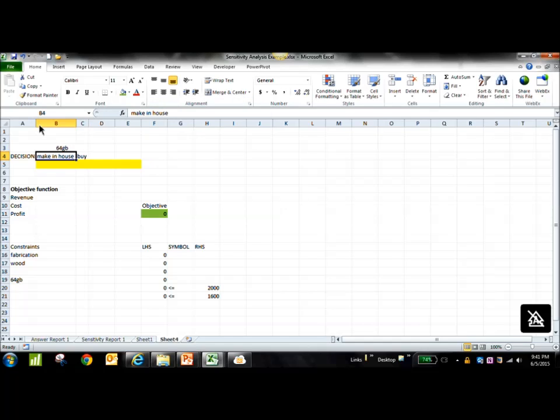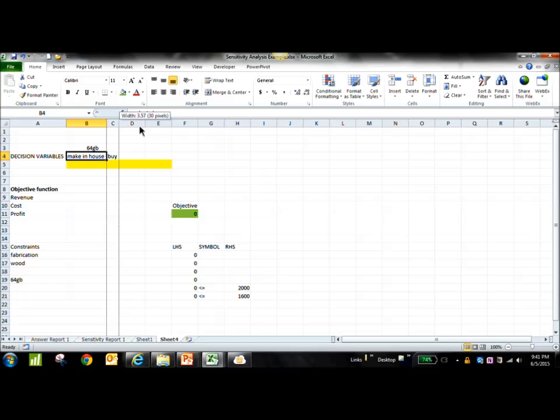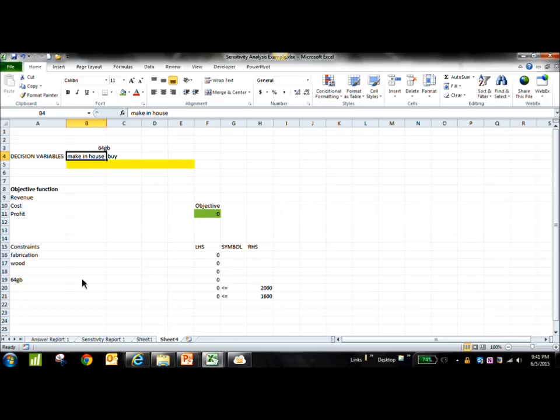Then I know I'll put a 1 here, 1 here, because this represents the 2, and they have to meet this quantity, regardless of the way I make them or the way I purchase them. I need to meet a certain amount of demand.